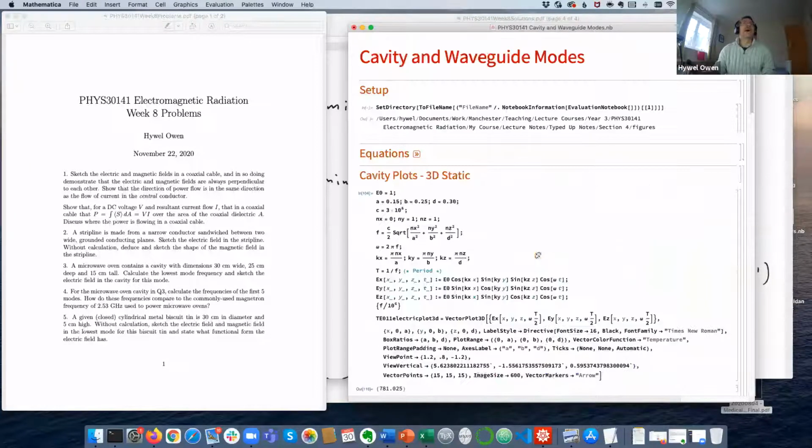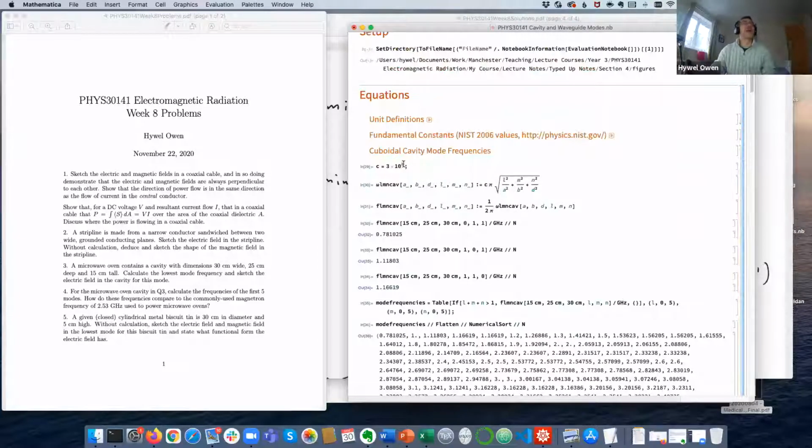Now let's go back to these equations up here. I'll put these on. I think these are already on Blackboard. So let's put in our equations for the cavity mode frequencies. I put c as the speed of light, and I calculate explicitly using the notes the frequency omega as a function of L, M, and N. This is Nx, Ny, and Nz, and A, B, and D. And I calculate their frequencies by doing that divided by 2 pi.